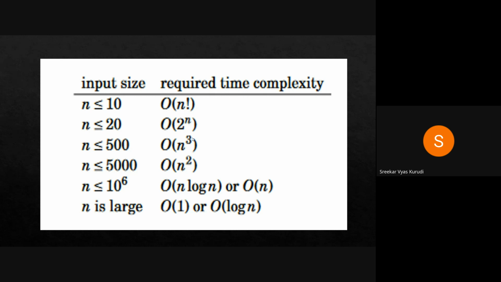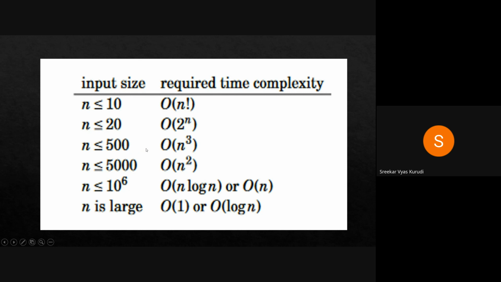When n is up to 500, an n cube solution also kind of works, but it might be a little tight. It kind of exceeds 10 to the power of 8, but you can safely assume that in 1 second it takes 10 to the power of 8, or approximately 10 to the power of 9 operations, something like that.